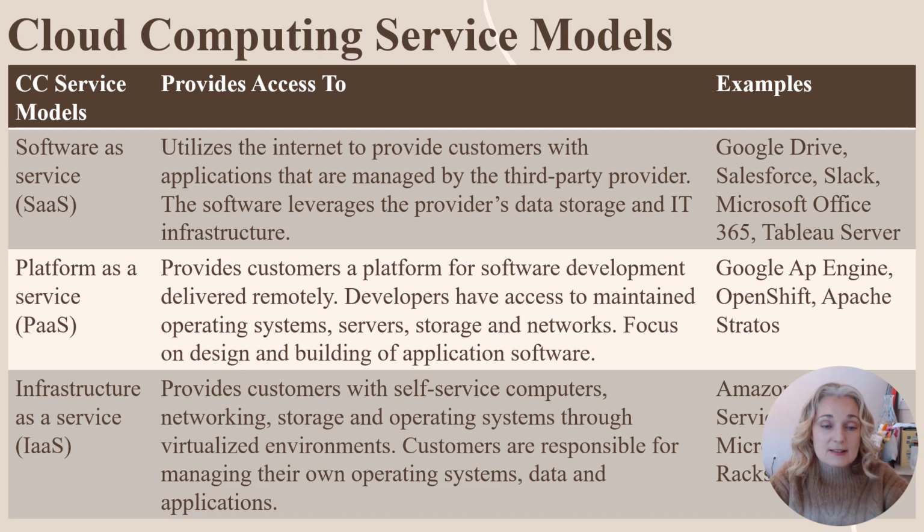Developers have access to maintain operating systems, servers, storage, and networks, and the focus is on designing and building of application software. Examples of this are Google App Engine, OpenShift, Apache, and Stratus. And then we have infrastructure as a service, and here we provide customers with self-service computer networking, storage, and operating systems through virtualized environments.